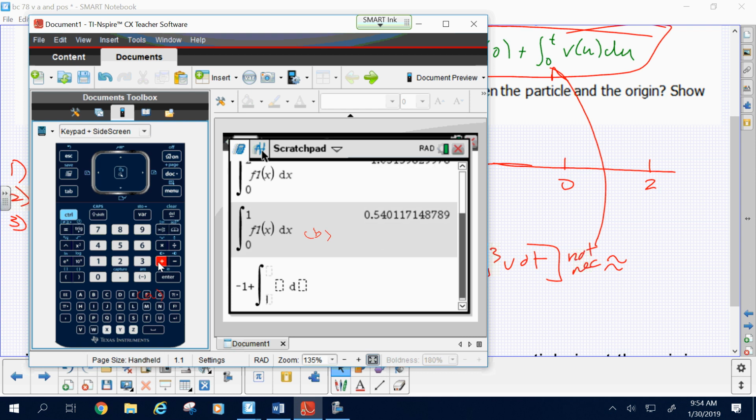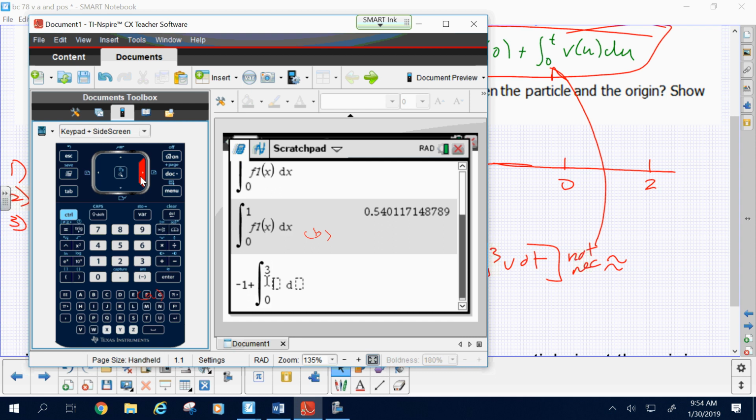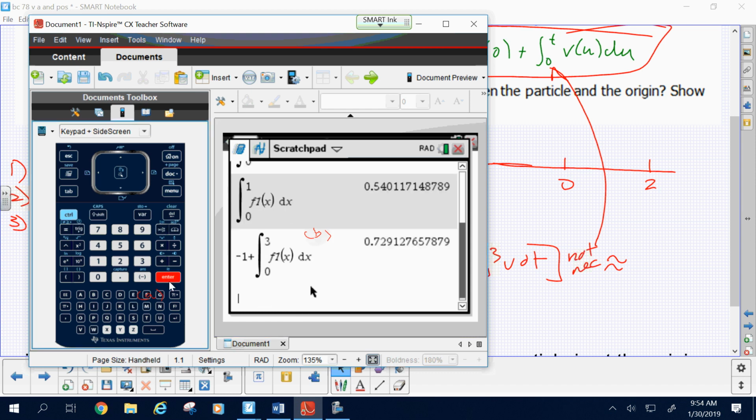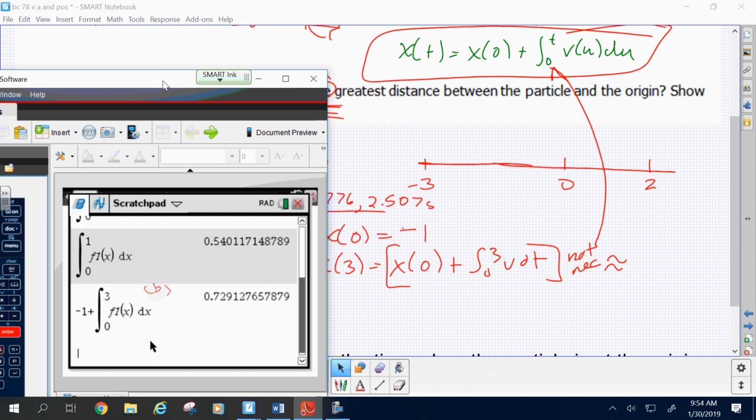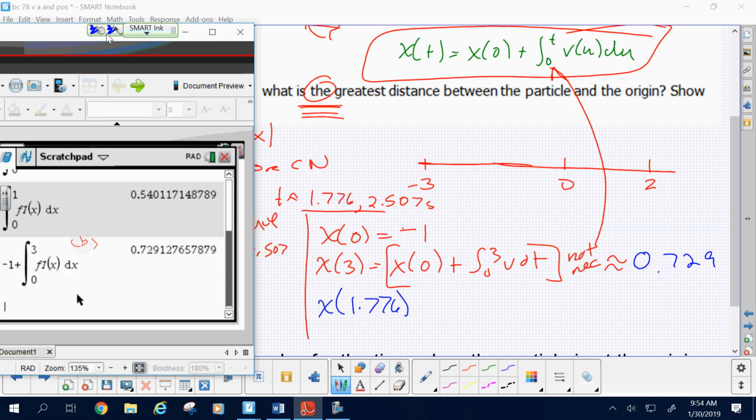Plus 0 to 3, function x. Did you get position at 3 was 0.729? Yes? Okay. 0.729. Now find it at another candidate. 1.776, which I have stored as A.